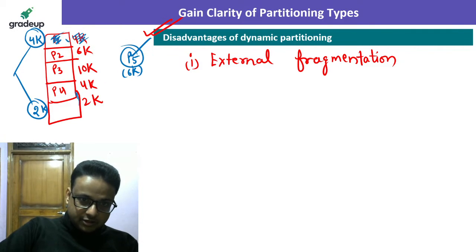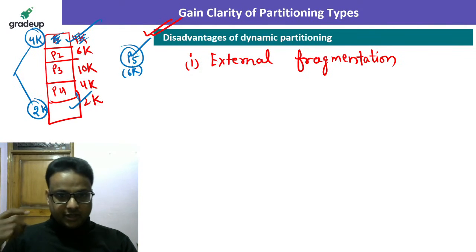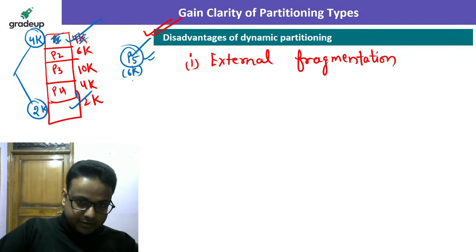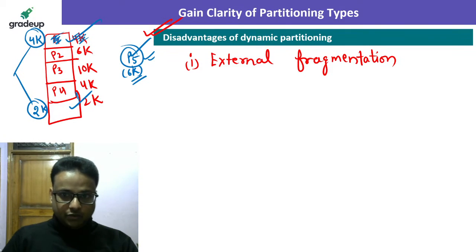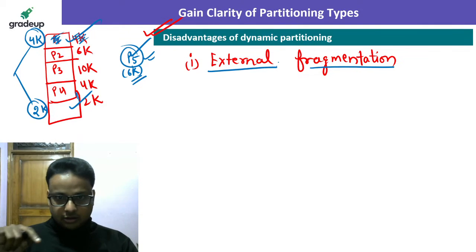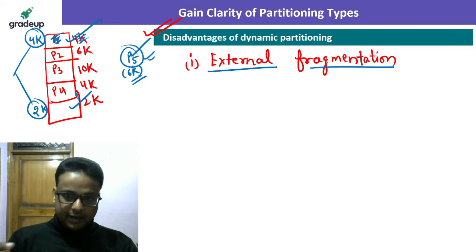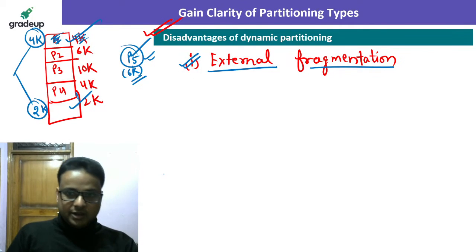So this wastage and this wastage, okay, why we are calling it wastage? Because P5 requires 6k, we have 6k but we cannot allocate it, so we call it as wastage. And because it is not within the block, then we call it as external. Okay, so here we can have external fragmentation.